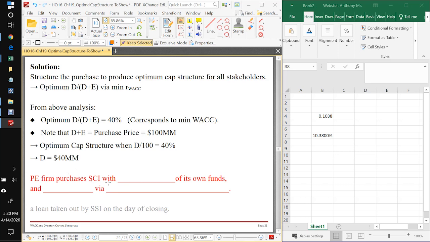So again, you're going to purchase SSI with 60 million of your own funds, and with 40 million from what? From a loan taken out by SSI on the day of closing.